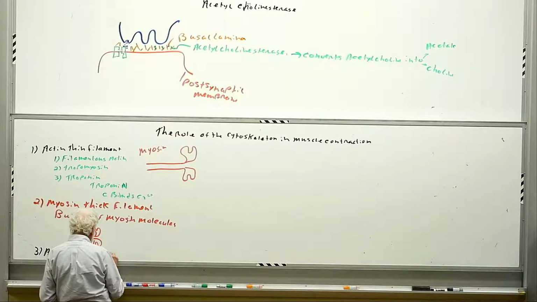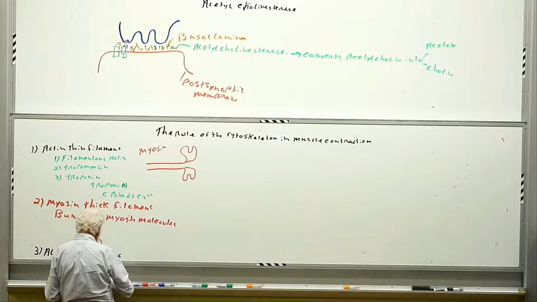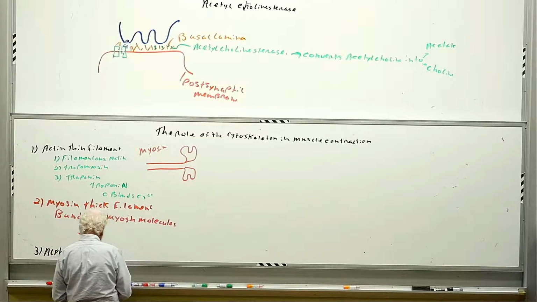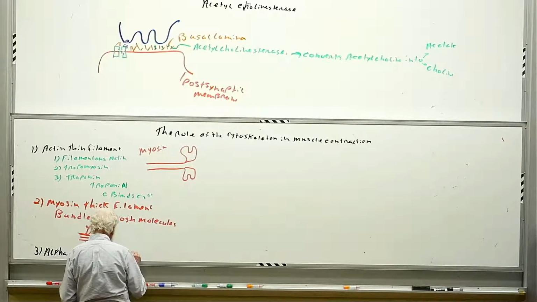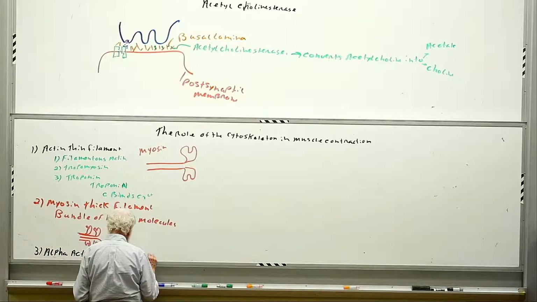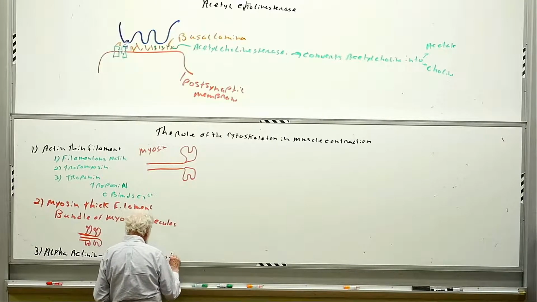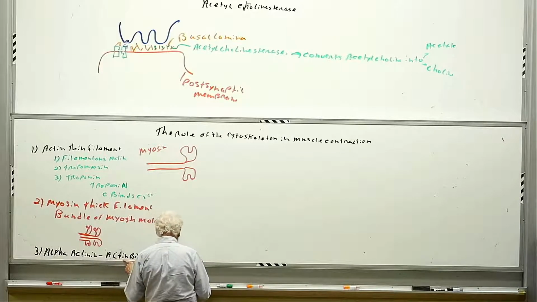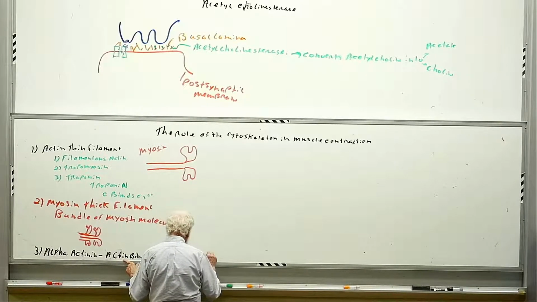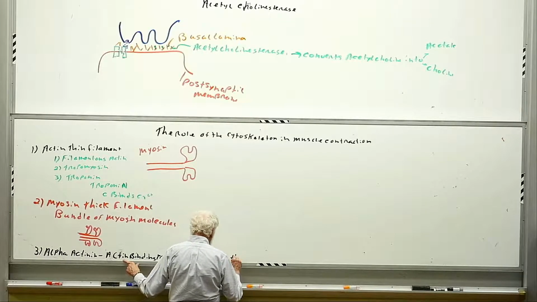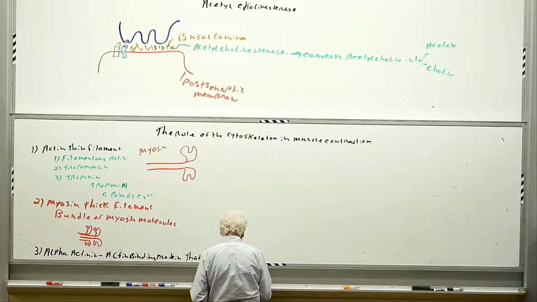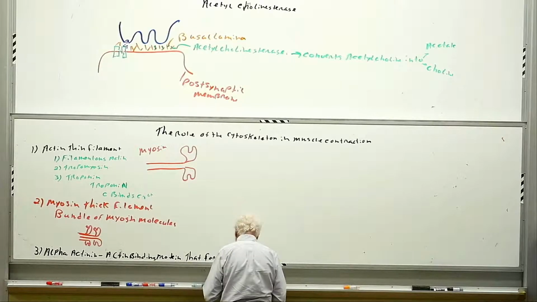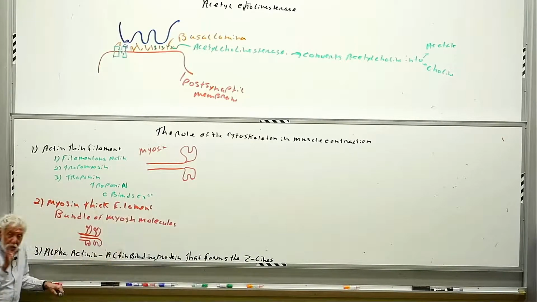Alpha actinin is an actin binding protein that forms the structures known as Z-lines. So we're going to assemble this thing from the actin thin filament, the myosin thick filament, and the alpha-actinin Z-lines.